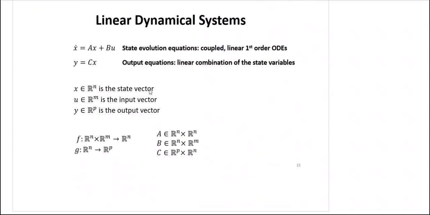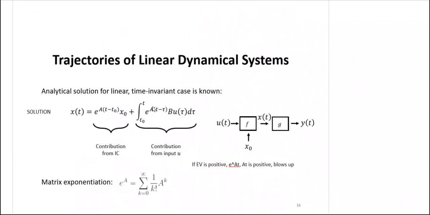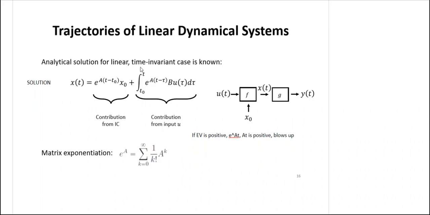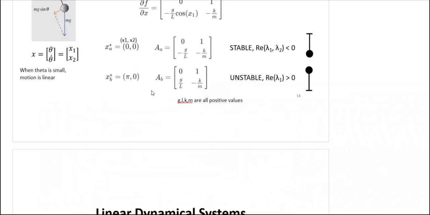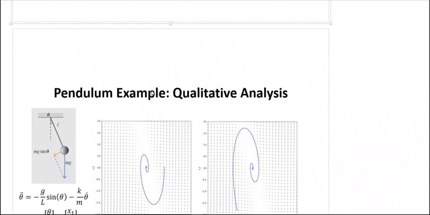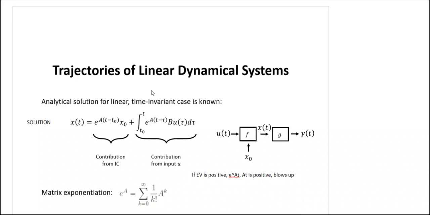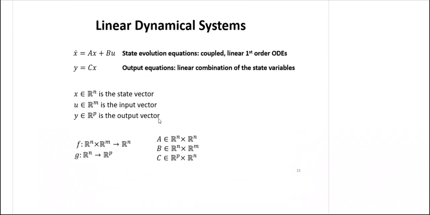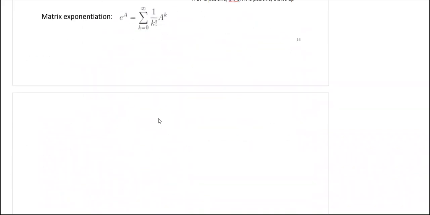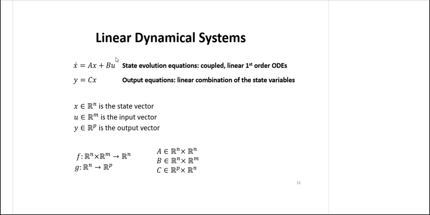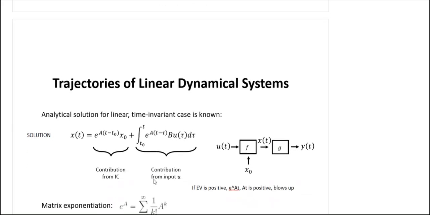Linear dynamical system, so we talked about it. The trajectory analytical solution for linear time invariant cases is known. I think the solution for this thing is like this, and it's known.